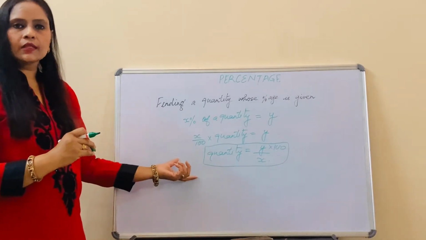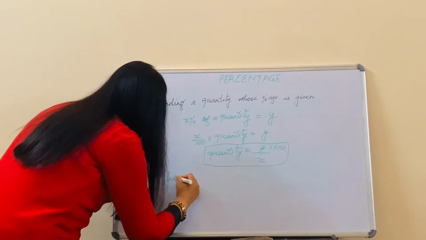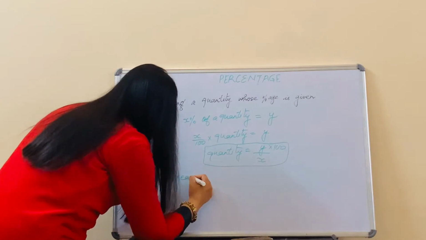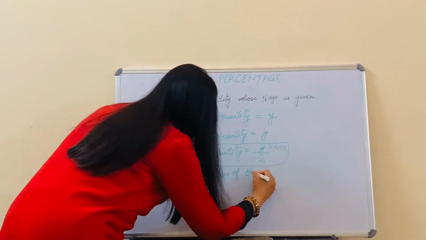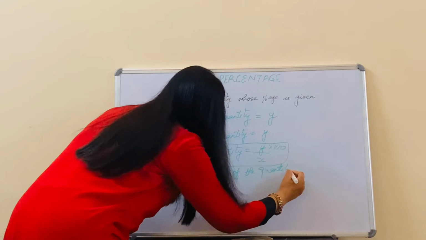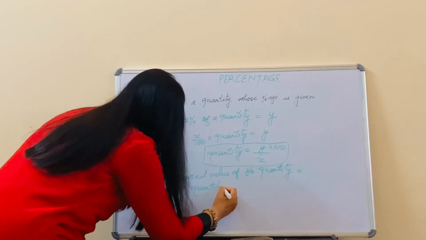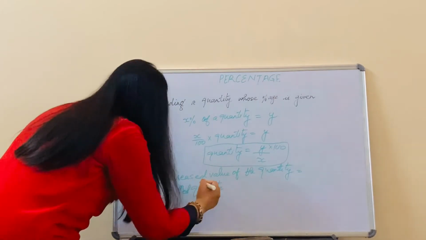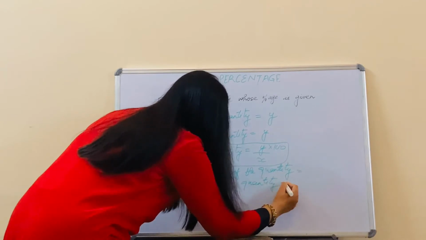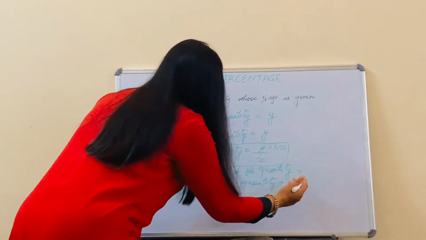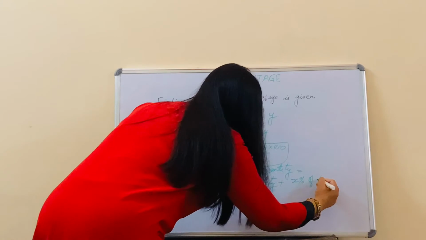There can be an increase in the quantity or a decrease in the quantity. We can simply calculate the increased value of the quantity by a simple formula: the increased quantity is equal to the original quantity plus the increased value, which comes out to be X% of the quantity.